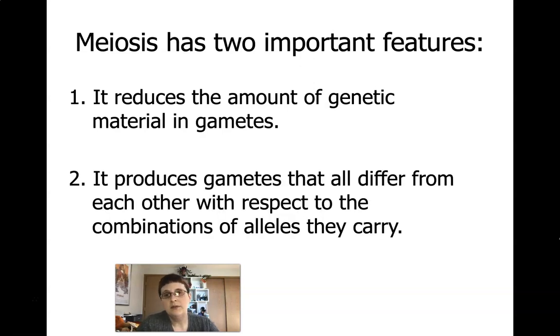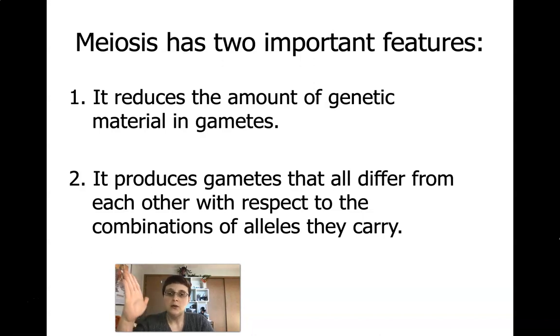The other important part of meiosis is that it's creating gametes that are all different from each other in respect to the combinations of alleles. Remember, alleles are the versions of the genes that they carry. And so you'll see in the next video that there are a couple of different ways that you can get different genetic combinations in those gametes at the end.